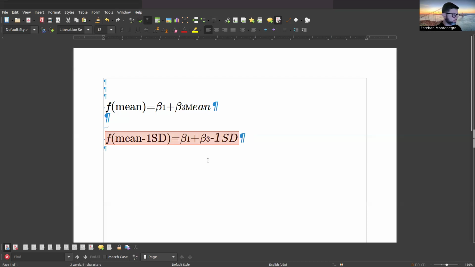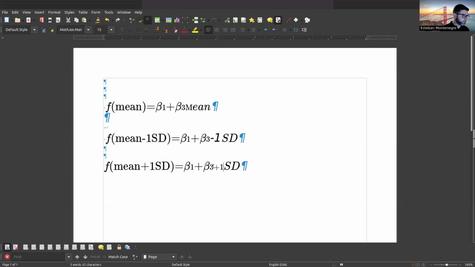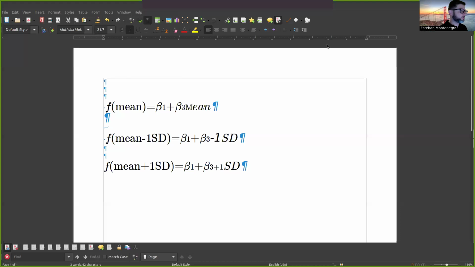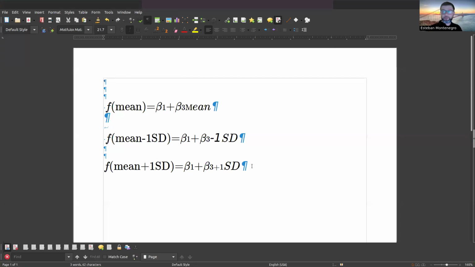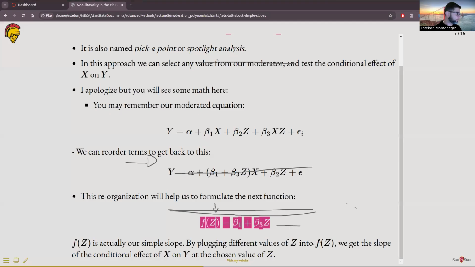And we can also estimate a slope or another function for the individuals who are located above the mean, or 1 standard deviation above the mean, right? Let's do it like this. So these three functions that I just mentioned will help us to create three different lines.